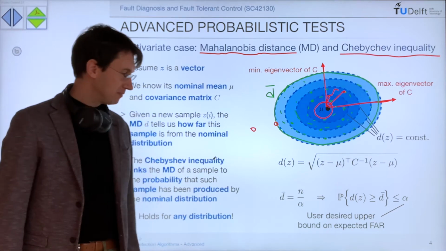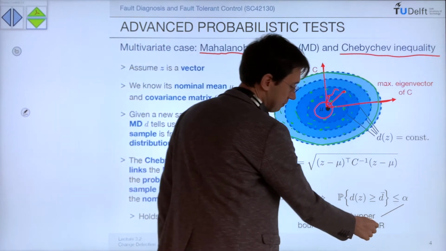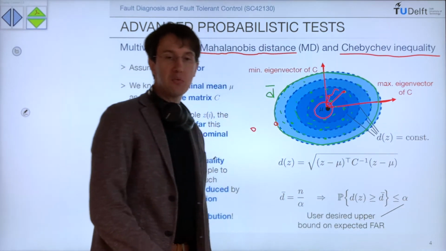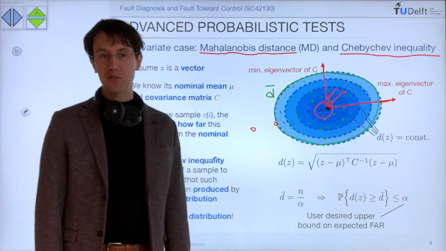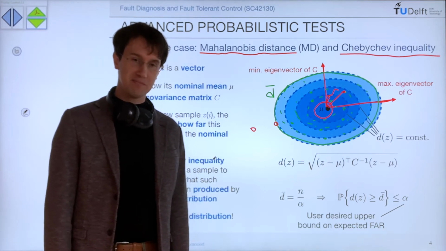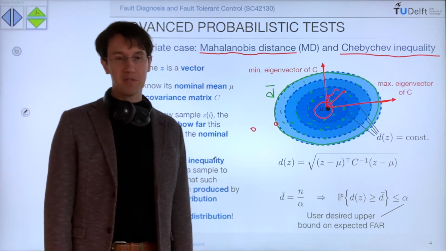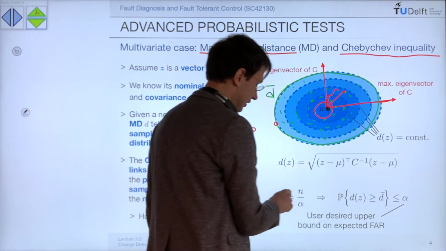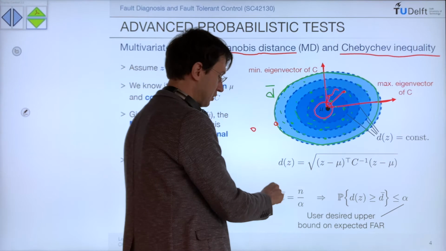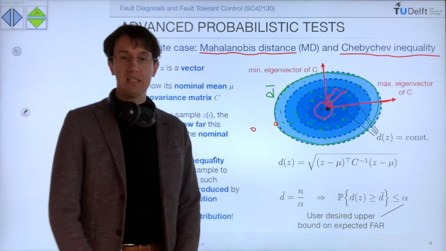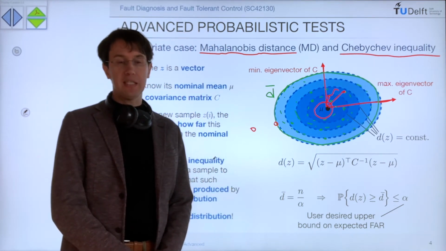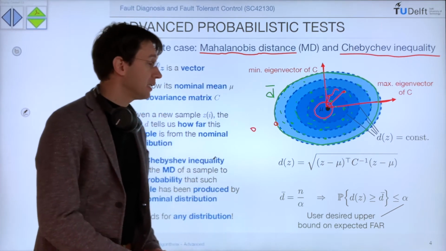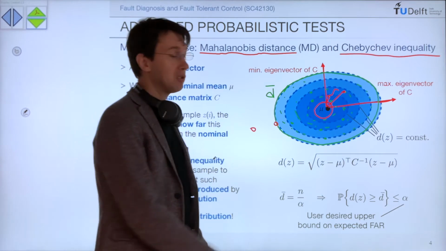So actually, the false alarm rate that you get when you apply this is way better, but can be also orders of magnitude better. So in practice, what people do is, instead of using this inequality to define the threshold D overbar, they determine it from data. This means that in healthy conditions, you get a lot of samples.